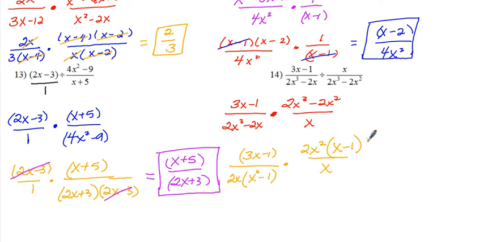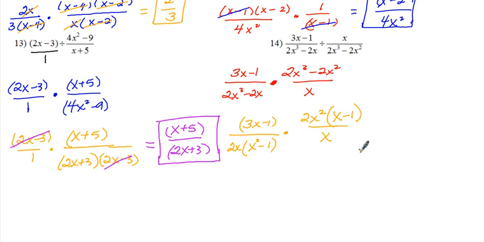Now, take a look again. We actually have not fully factored everything. Notice this x squared minus 1 can be factored again. Since I'm running out of room here, I'm just going to cross this out. This is another difference of squares, just like we saw over here. Something squared minus something squared.